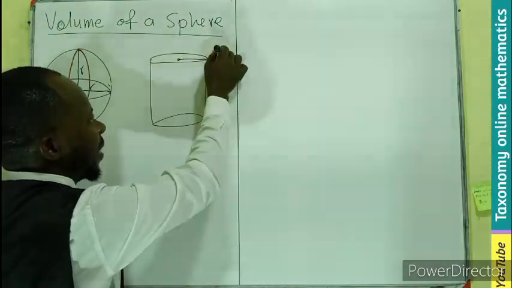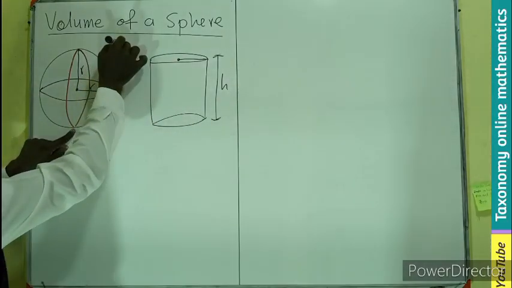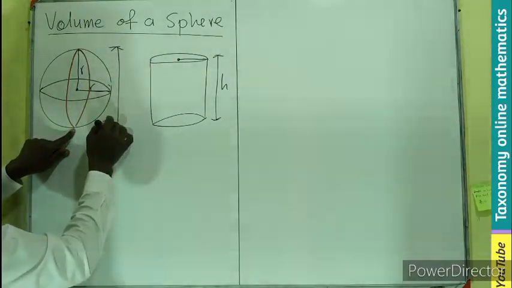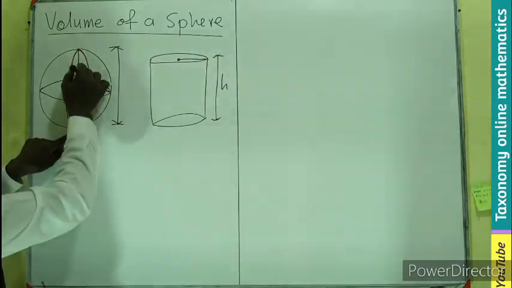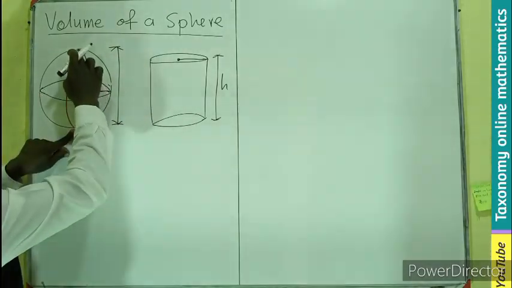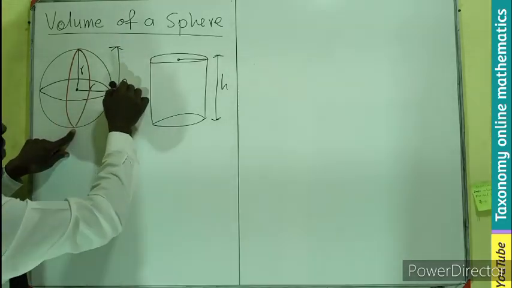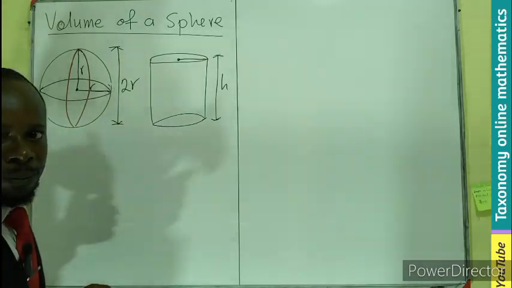So from here all the way to this place is going to be the height of this sphere, and the height is r plus r, which gives us 2r.